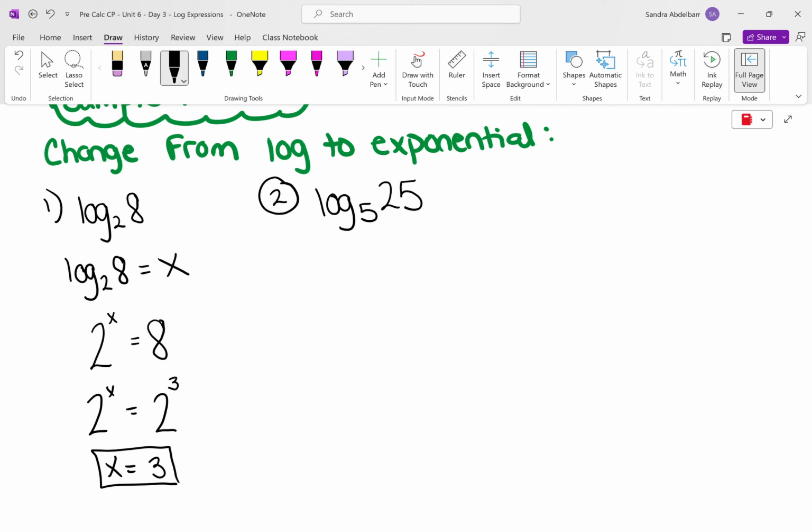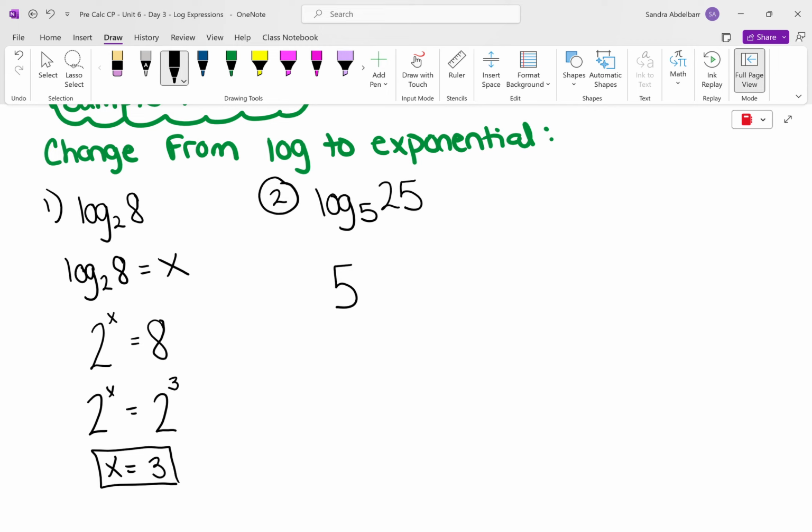Okay, if I have log base 5 of 25, change it back to exponential for me. How can I do it? Nico? Okay. Anybody? So 5 to the x equals 25.